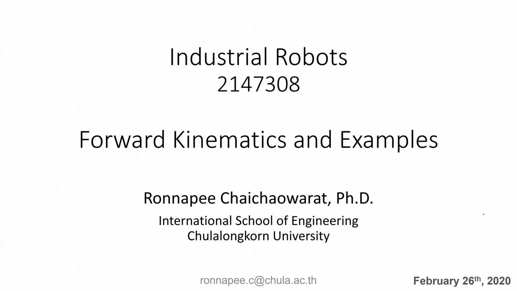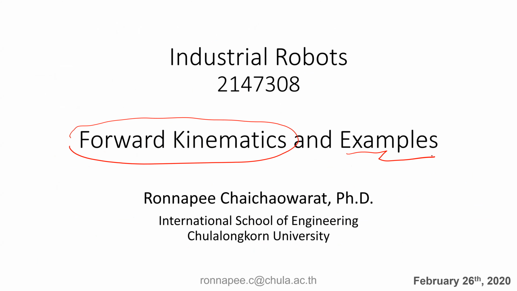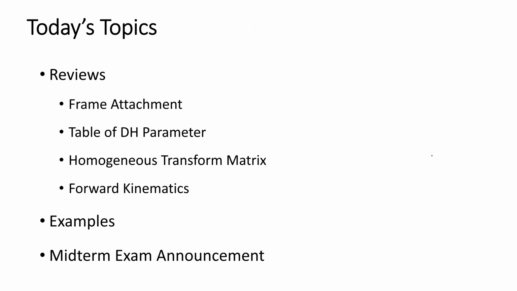And our today's topic, we're still talking about the forward kinematics, but we will have a few examples of how to attach frame to different types of robot manipulator. We still need to review the rule for attaching frame on robot link.